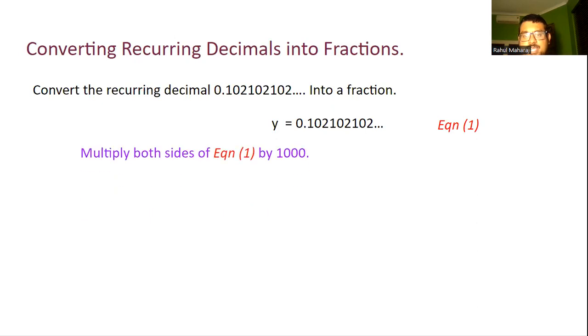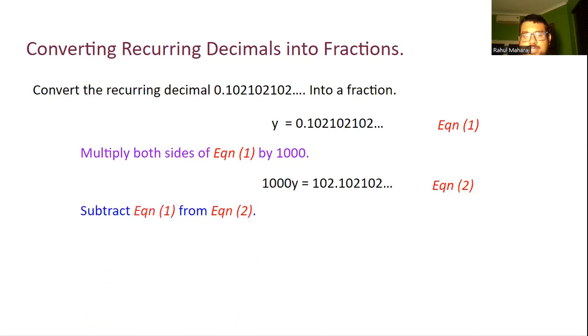And if we do that, we will have 1,000y is equal to 102.102102102, which we can call equation number 2. Then we are going to subtract equation 1 from equation 2. And if we do that, we will have 999y equal to 102. We can divide both sides by 999, and this will leave us with y is equal to 102 divided by 999, which is 34 divided by 333.